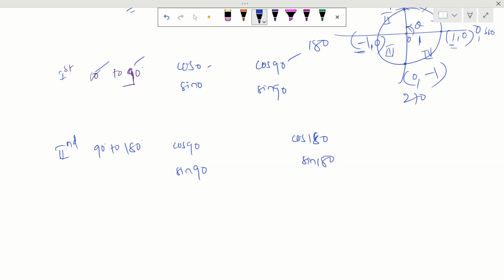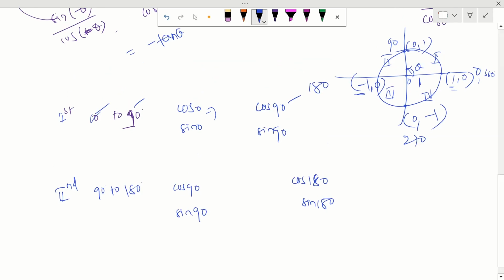Now from this diagram we can write, this is the cos theta value, right? Cos 0 is 1.